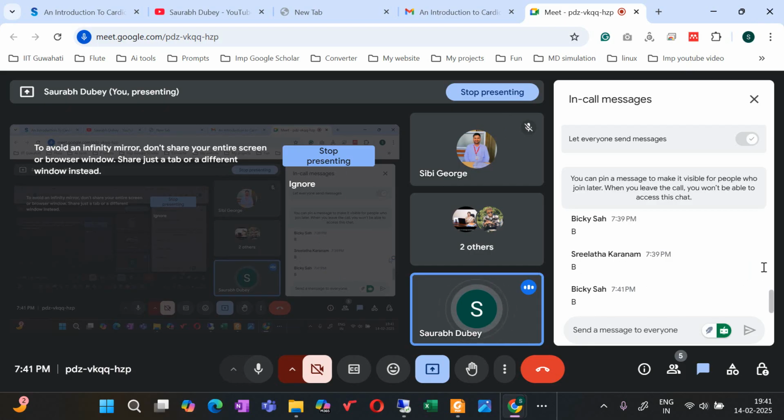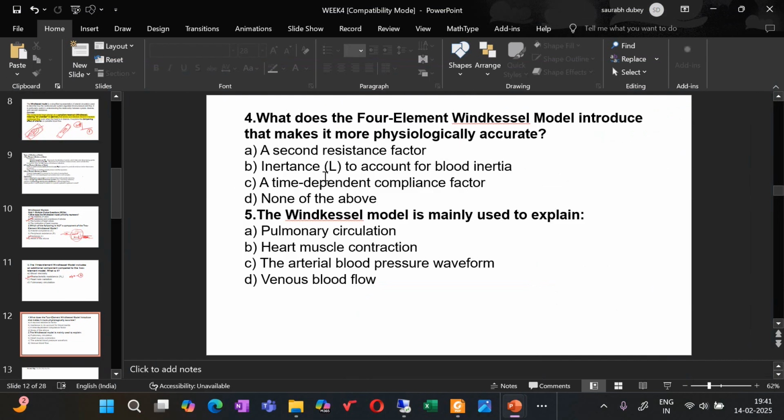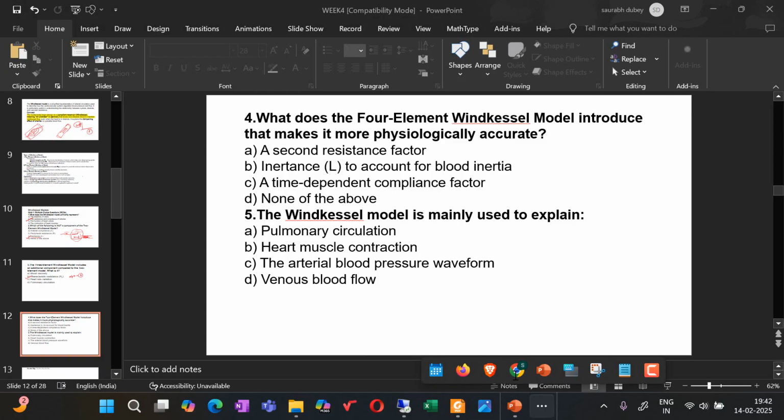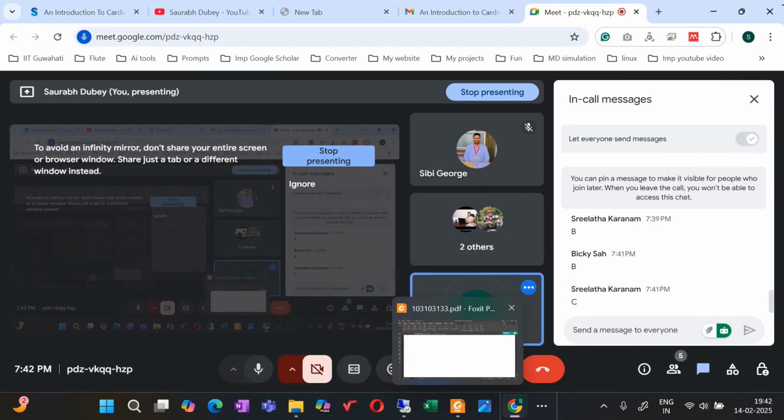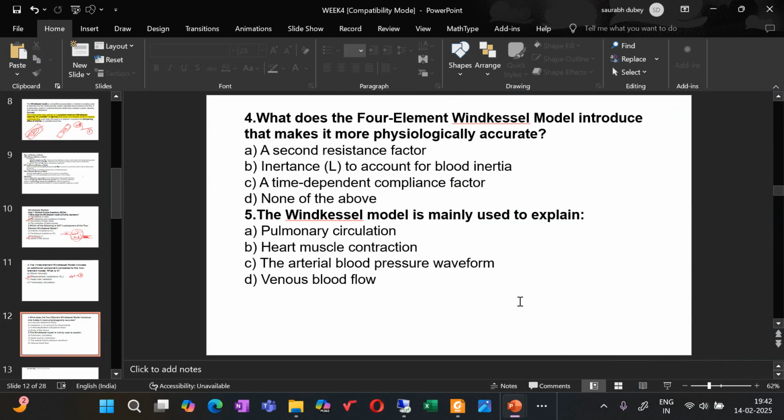Vicky is saying B, and another participant is saying C. So what does the four element Windkessel model add, and what is meant by physiologically accurate? We will be coming to the answers soon.